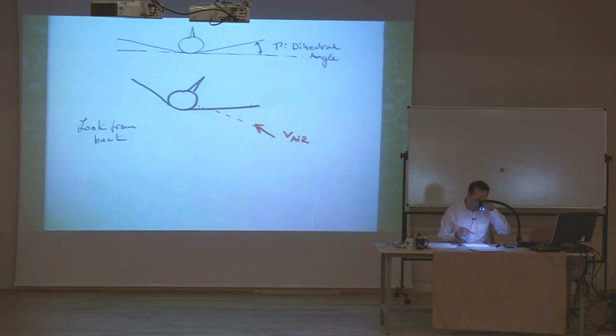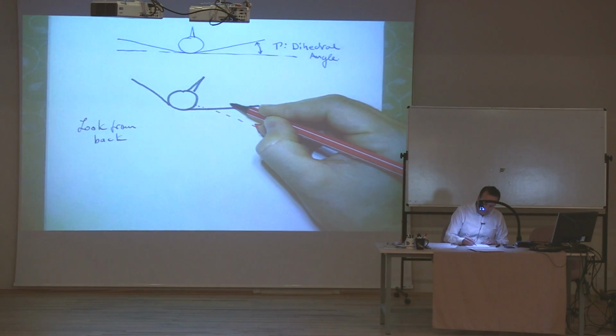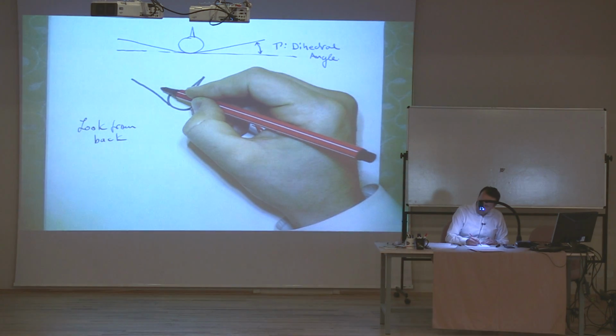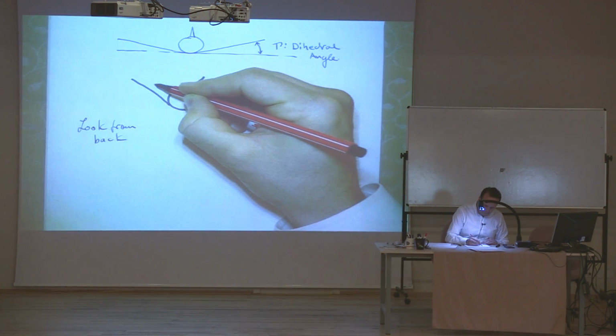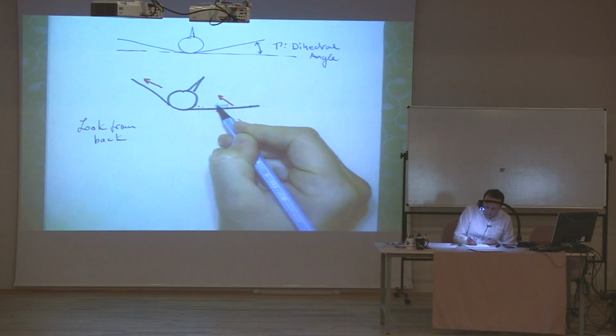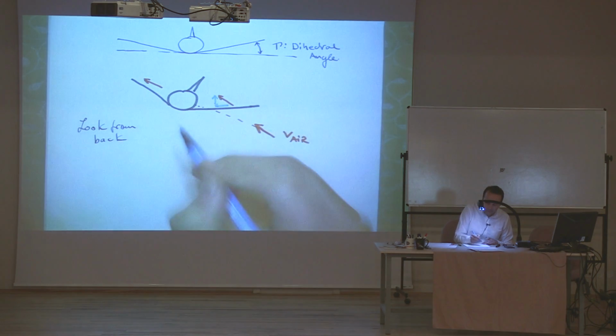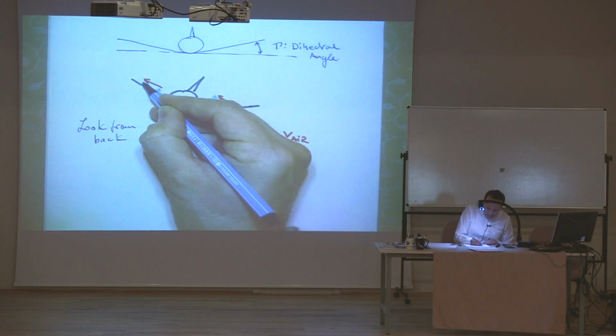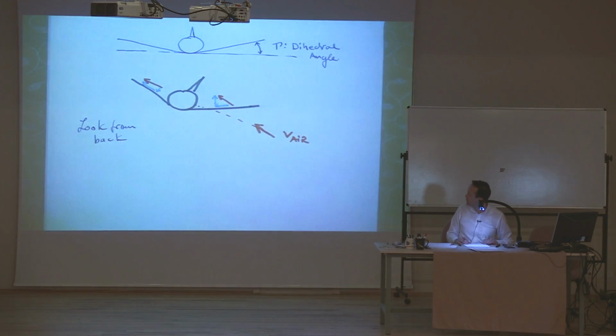Now here's what happens. Take this velocity vector and look at its components. One is like that, the other one is like that. You see?